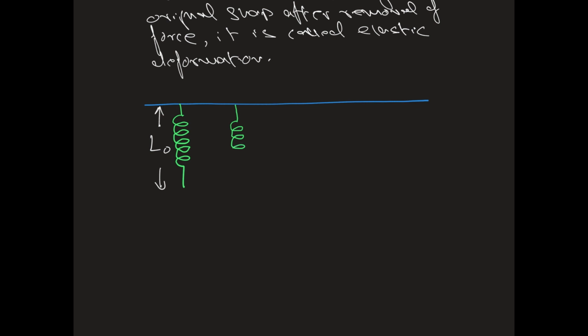Let's say that I have hung some weight with this spring. Say the weight is W. After hanging the weight, the new length of the spring, from here to here, let me call it L. And the change in length, from this position to this position, let me call it X.